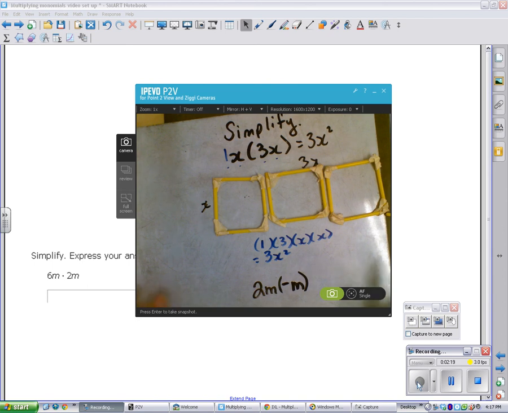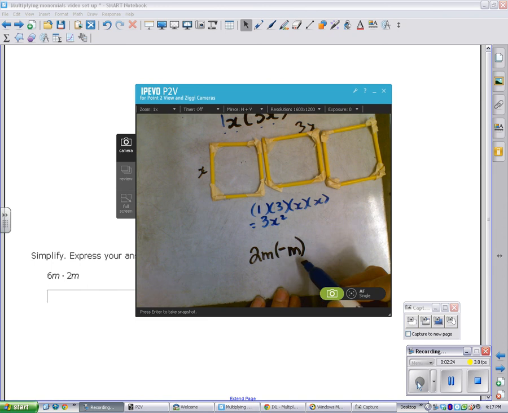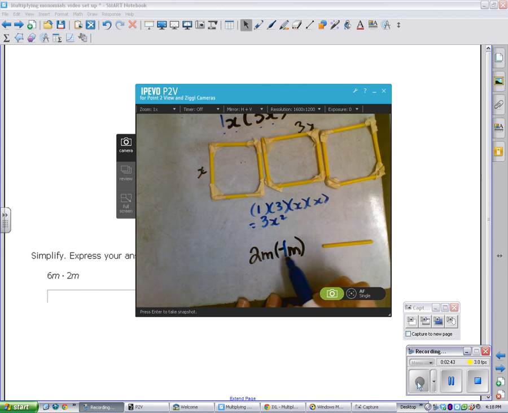Okay, we can also simplify this question down below, 2m times negative m. Now I don't have any m lengths, but there's no reason why I couldn't use this for m, since I don't have it representing x anymore, and the variable can be whatever I wish. So I'm going to write the coefficient of 1 in here, so it's actually 2m times negative 1m.